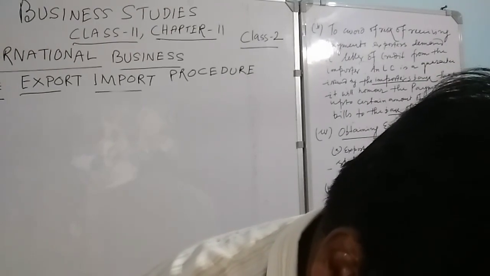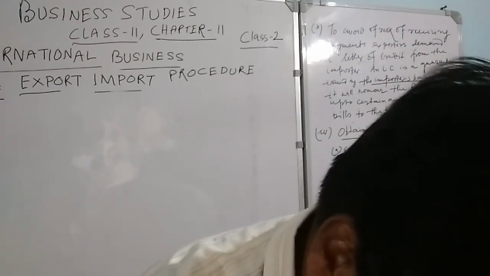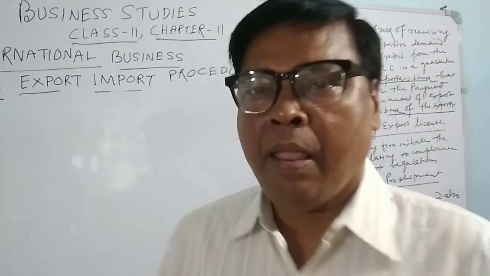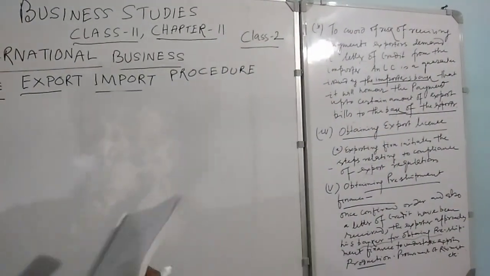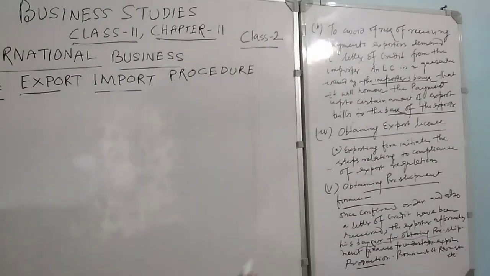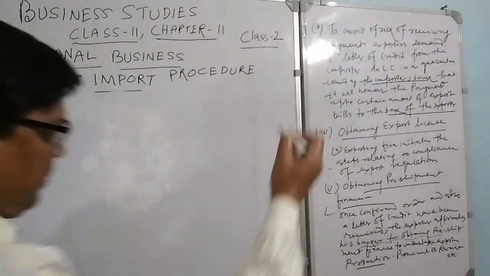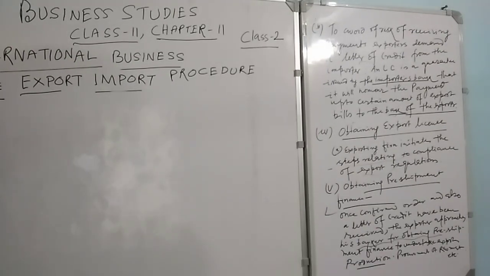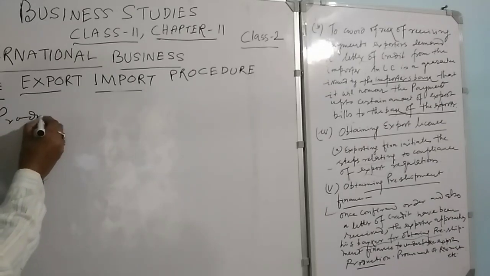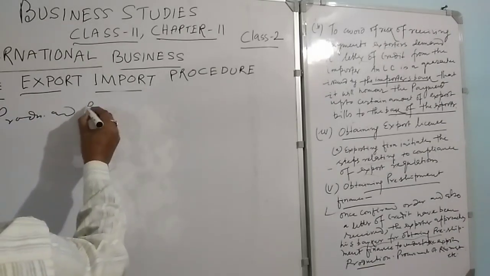Then only you can get the money back. There should be security of getting the money back. So up to that, obtaining pre-shipment finance we have discussed. Now we will be discussing production and procurement of goods.